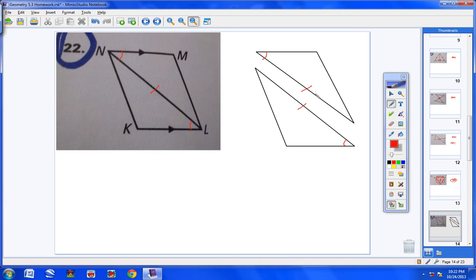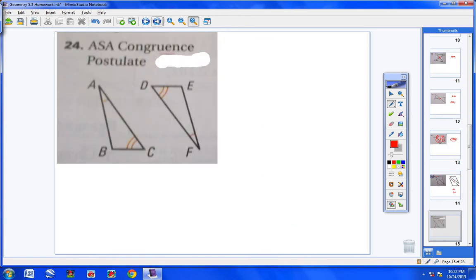So we have angle side congruent to angle side, just AS, or SA, however you want to look at it. There's no way to prove that two triangles are congruent just based on that. So no. Now, could these two triangles be congruent? Definitely, they very well could be, but we don't know for sure if they are. Okay, so no, we cannot state for sure that these two triangles are congruent.